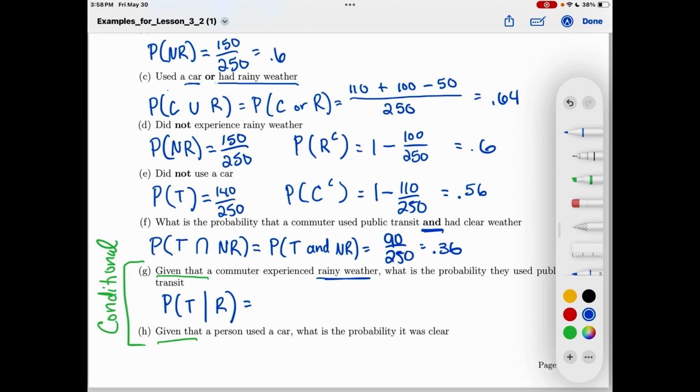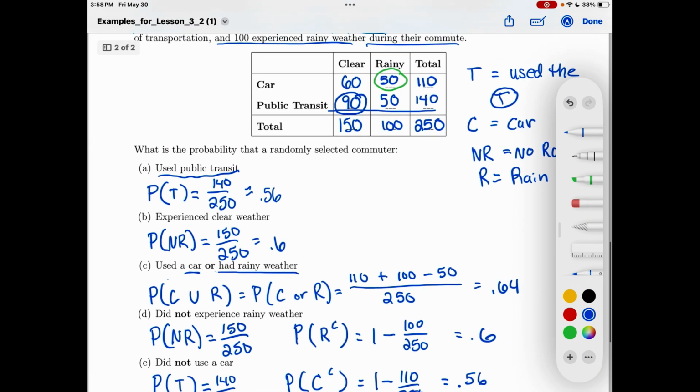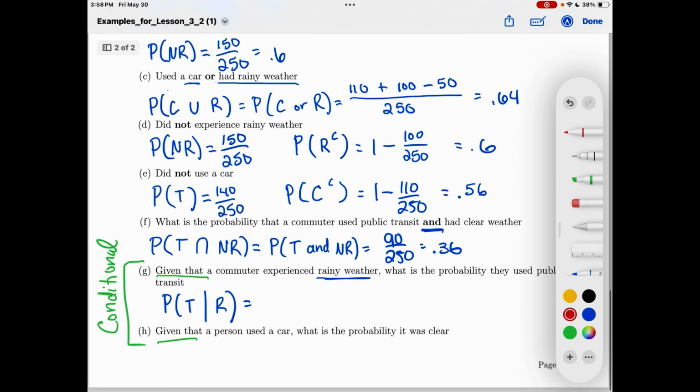And we're looking at the number of people out of that group, the rainy people group, how many people used the transit. So if we come back up and look at here, the number of people that experienced rainy weather was out of 100. And out of that group, there were 50 that used the public transit. So for this answer, we're going to have 50 out of 100, which is 0.5.